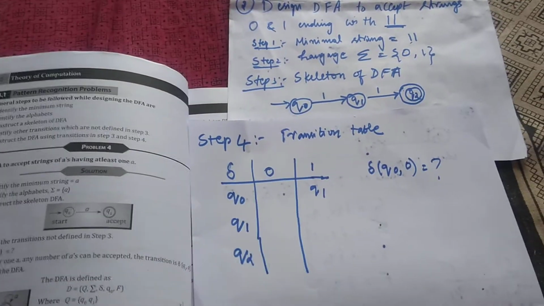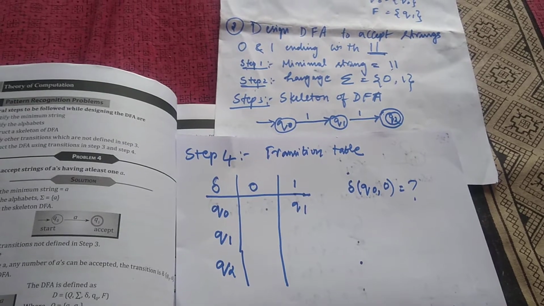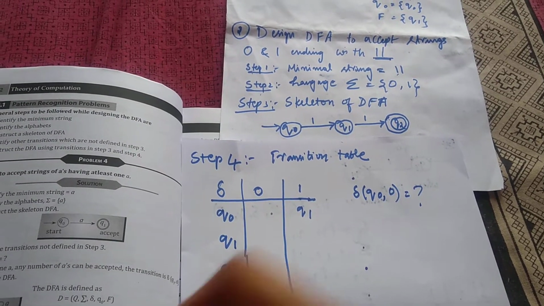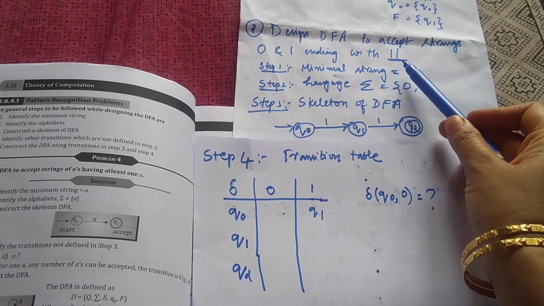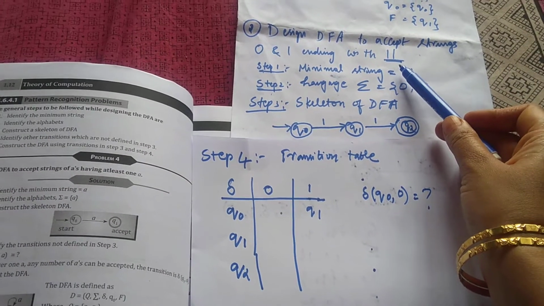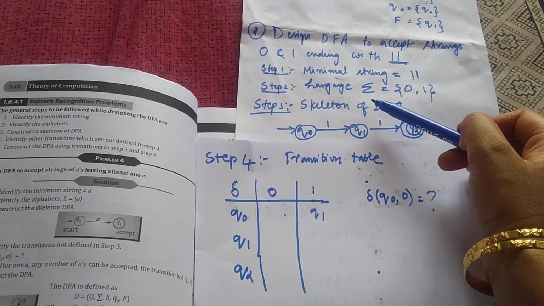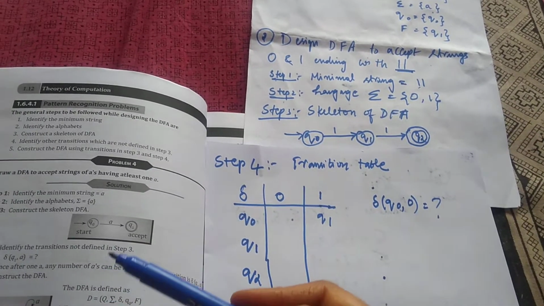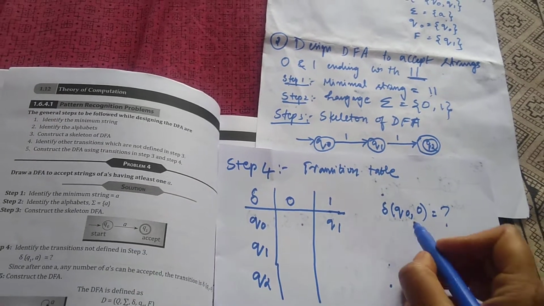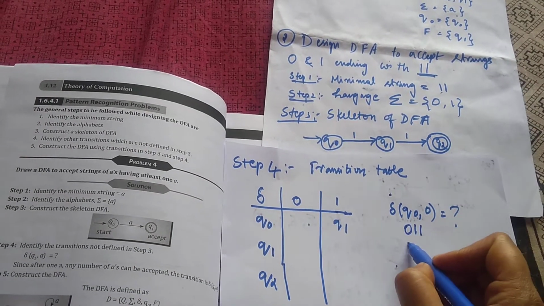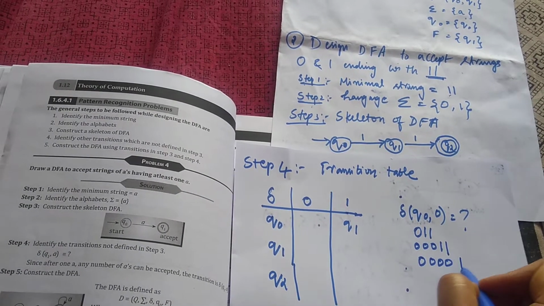So Q0 upon 0, where do we have to move? See, any number of 0s or 1s can be there, but the acceptance should be 1 1. That means if we have 0, then it should be a self transition, because you can have strings like this, or like this.